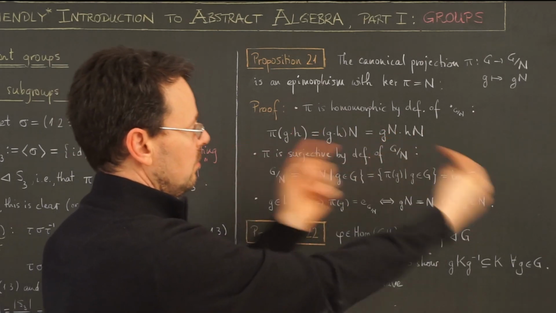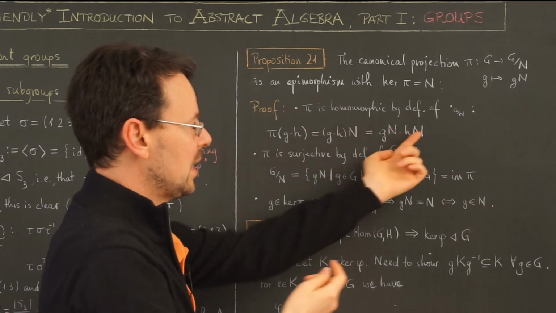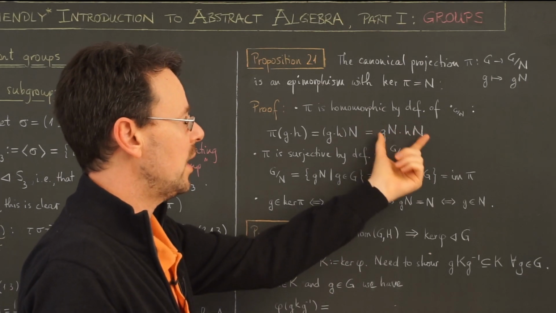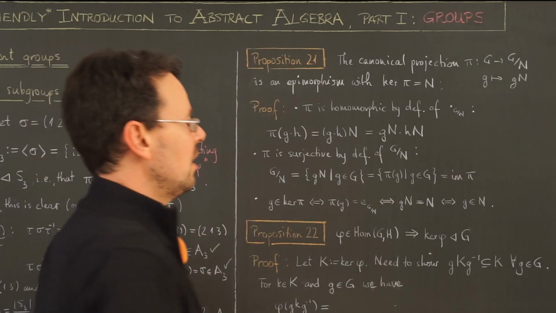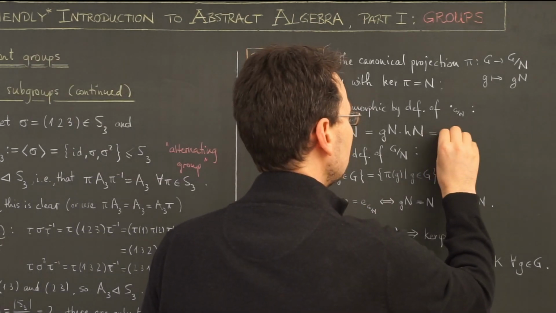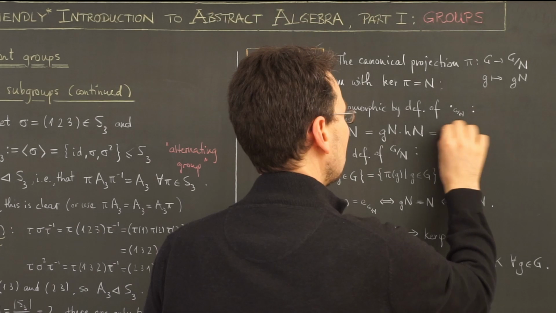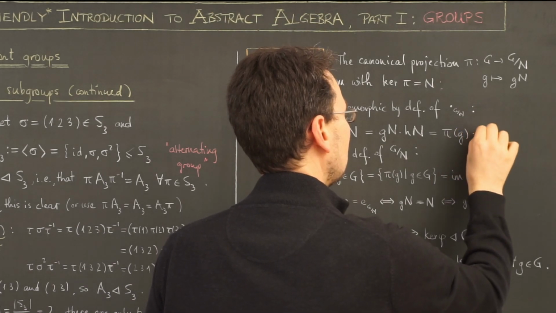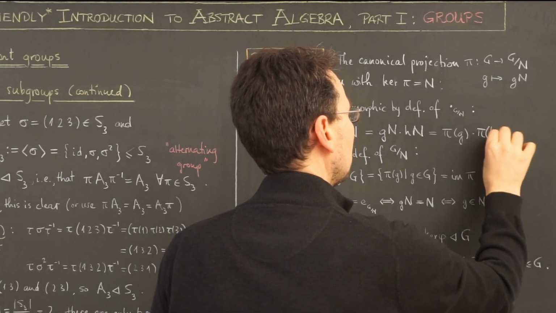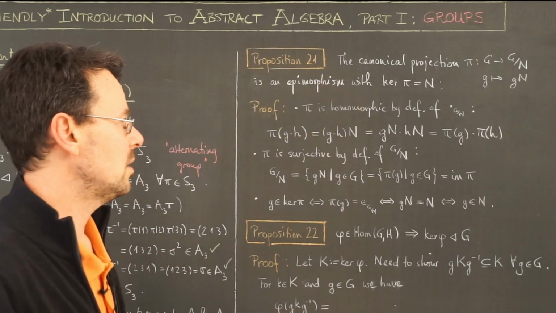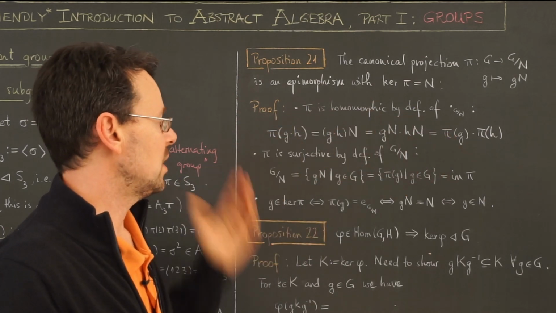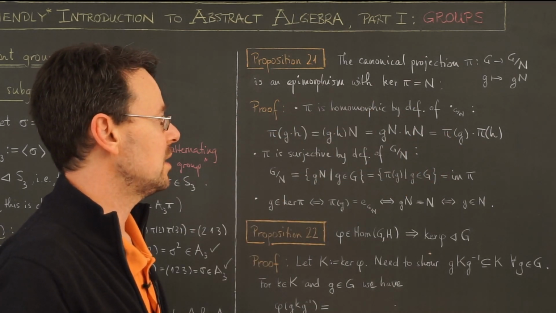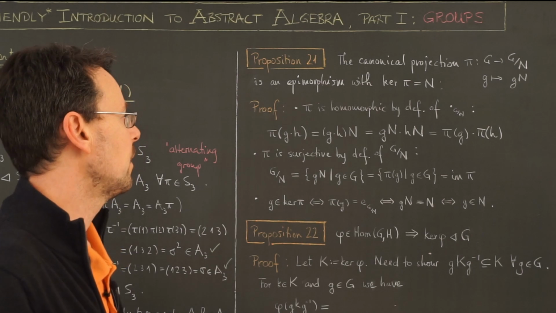If you read this backwards, this is exactly the definition of how I multiply two left cosets to get another left coset. Well, and this is pi of g times pi of h, proving, because g and h were arbitrary, that pi is indeed a homomorphism.